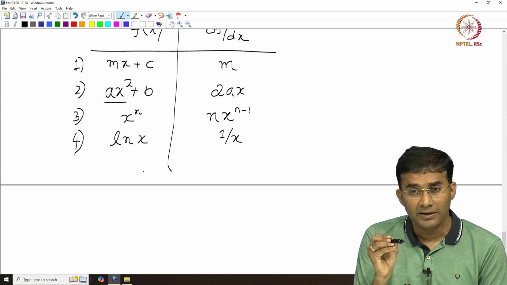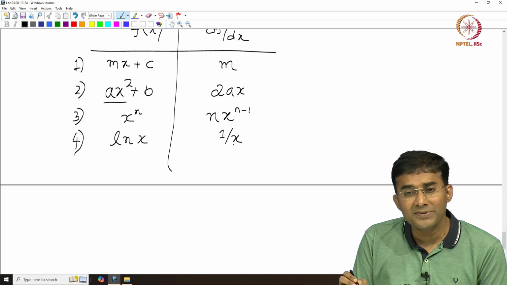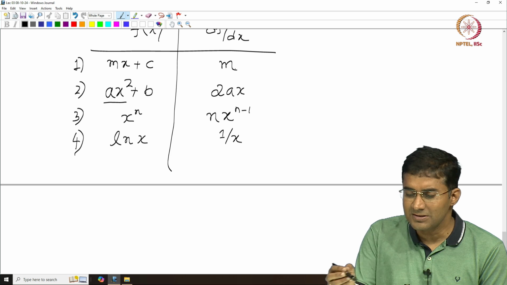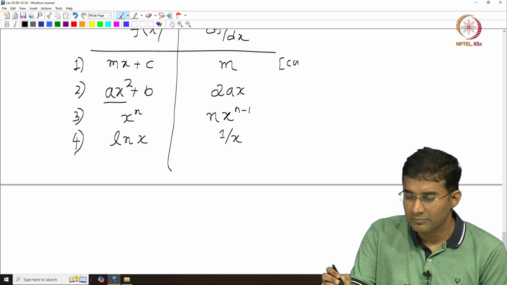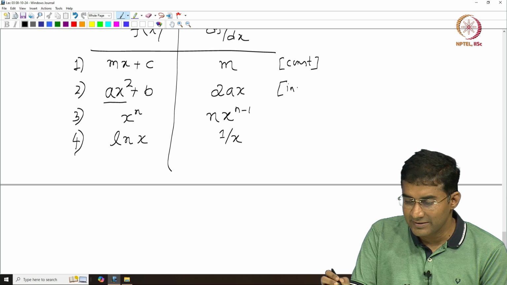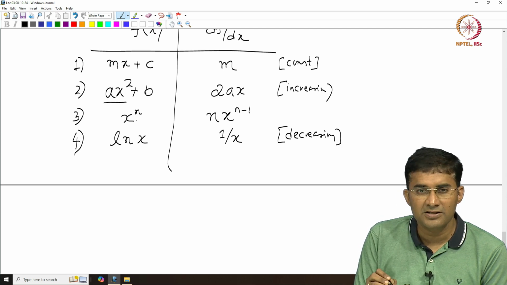The key thing is that the logarithmic function is increasing, but the slope is reducing. For a straight line the slope was a constant, for the quadratic the slope itself is increasing with x, but here the slope is decreasing. For the power function, it really depends on the value of n.